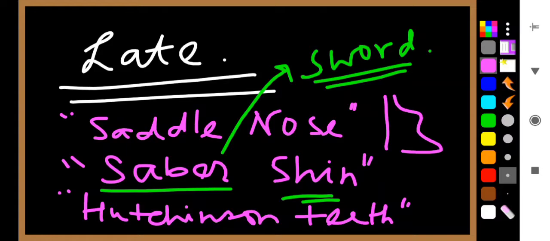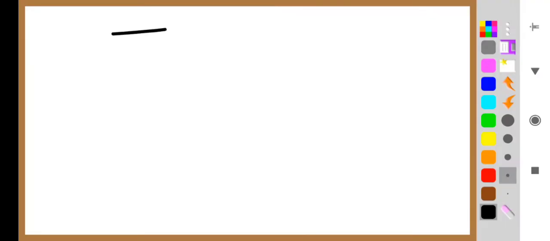What is Hutchinson teeth? Basically, it is a kind of teeth which is widely spaced and it has a kind of notch in between. I will show you a picture, don't worry about this. Saddle nose, saber shin, and Hutchinson teeth: late manifestation. Now basically this Hutchinson teeth comes with a triad, and that is very, very important.